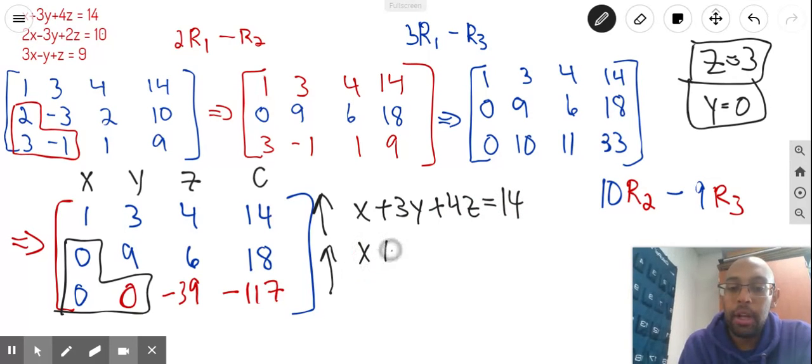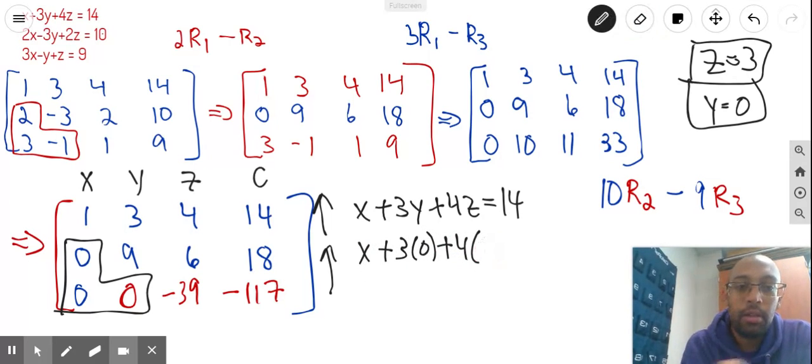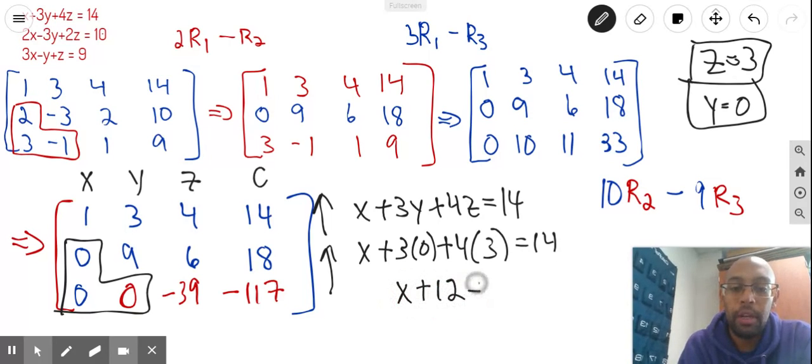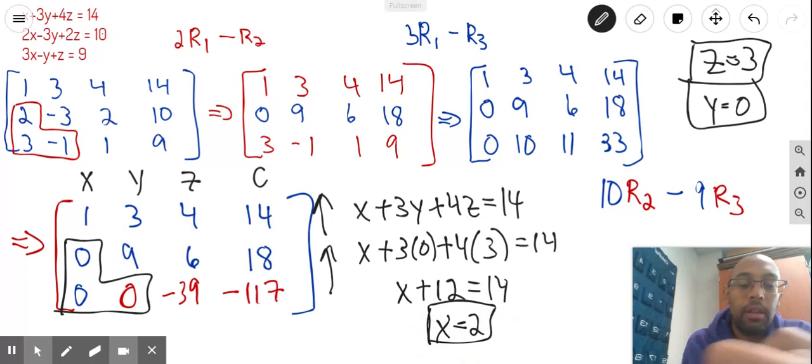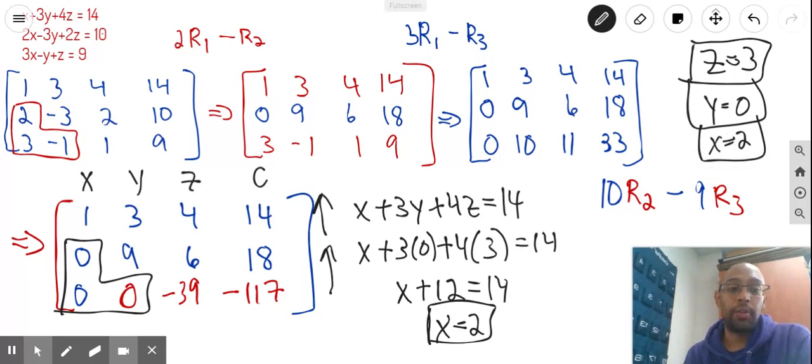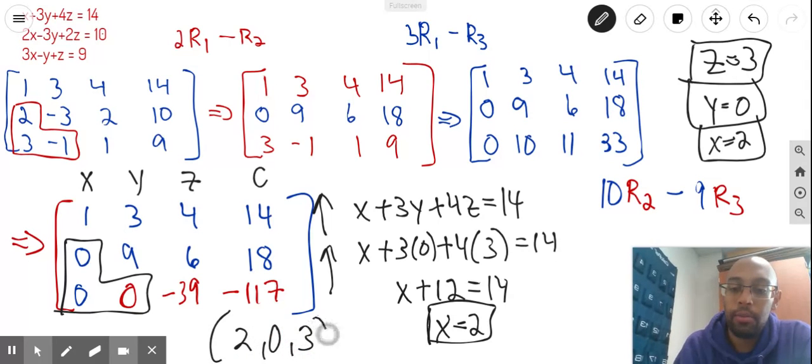So x plus 3 times 0 plus 4 times 3 equals 14. Well, 3 times 0 is 0, 4 times 3 is 12, so x plus 12 equals 14, so I know x is 2. And now that we have the values for x, y, and z, we write it as an ordered pair, and the solution is (2, 0, 3).